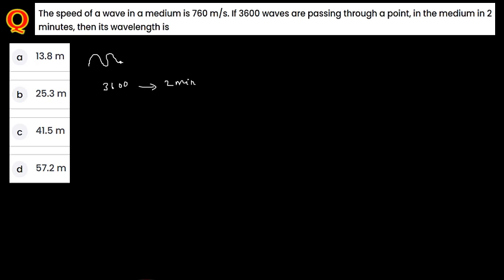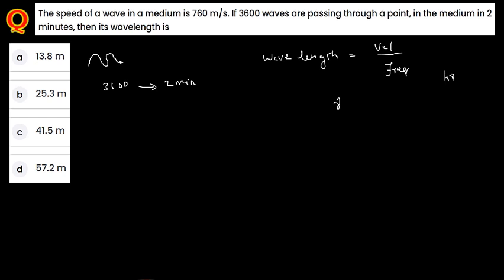Now suppose you want to find out the wavelength. Wavelength is equal to velocity divided by frequency. Hope you know this one: frequency nu, according to the photon equation, E equal to h nu.